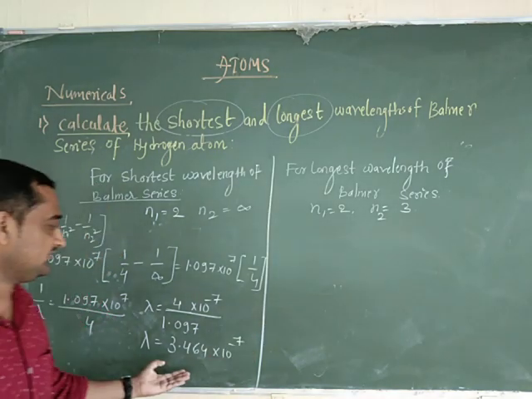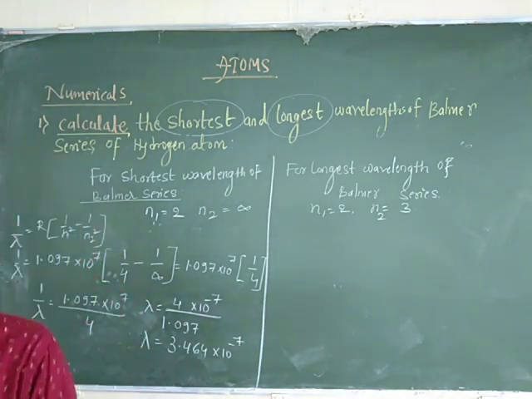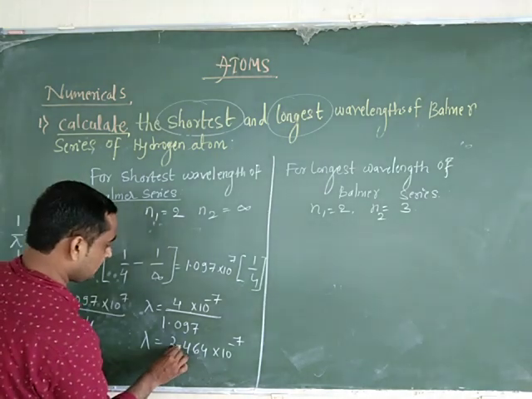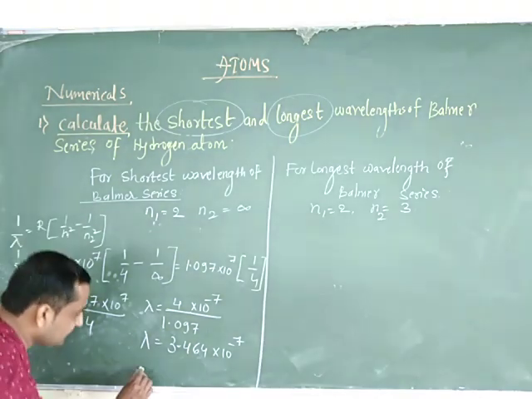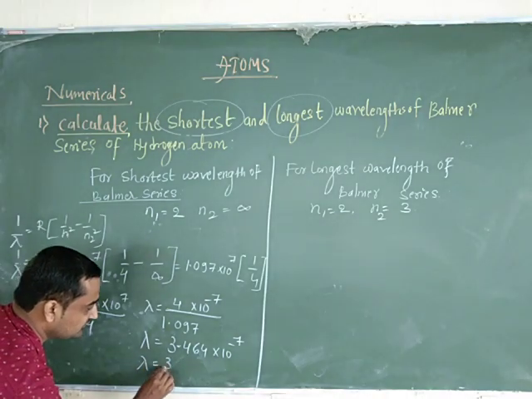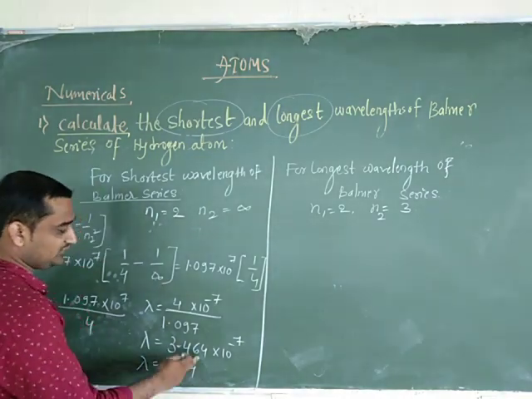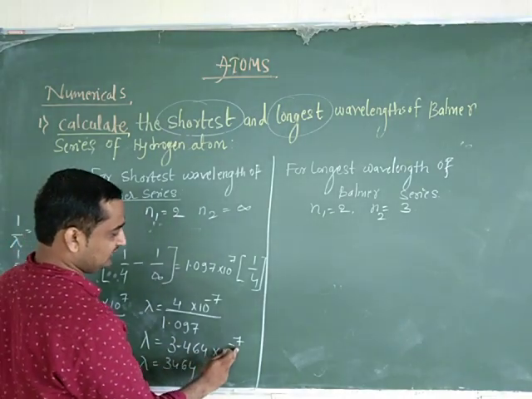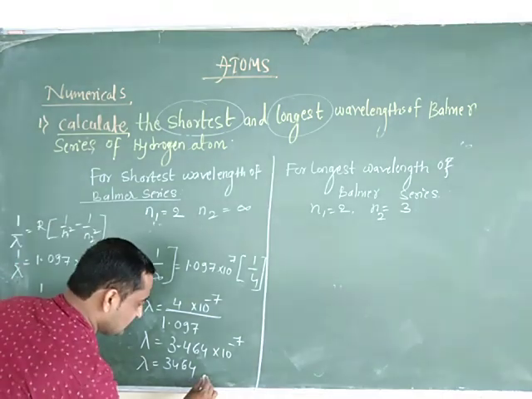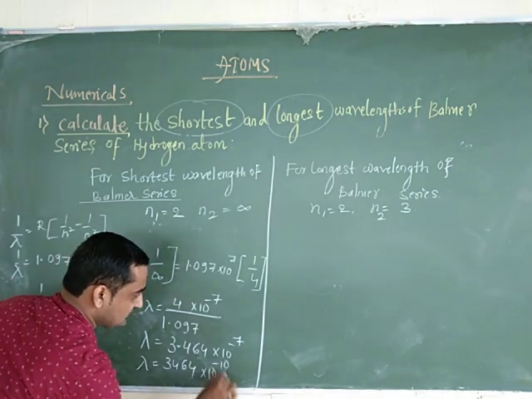Now I want to write this value in terms of nanometer or angstrom. If you want to write this in angstrom, lambda is equal to 3464. I took 3 digits to the left side, so 10 to the power minus 3 into 10 to the power minus 7, so it is equal to 3464 into 10 to the power minus 10 meter.